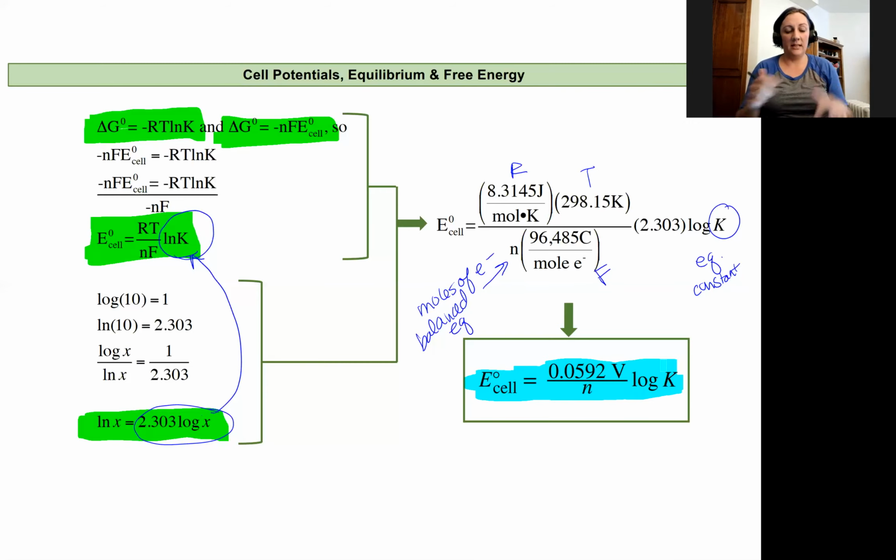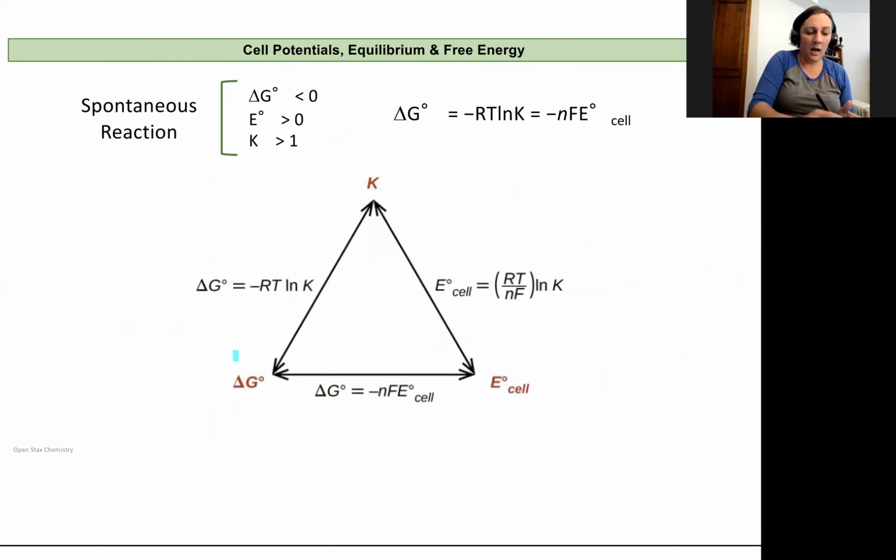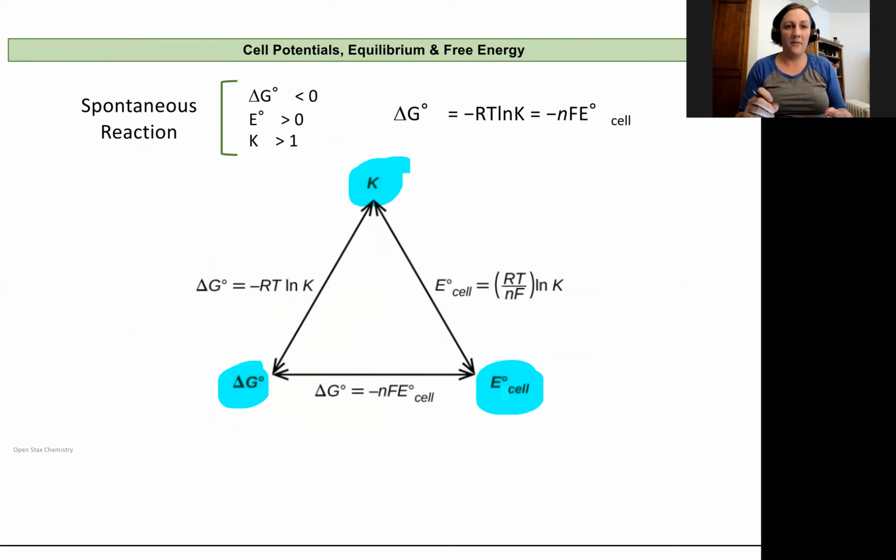So now we can connect, I'll show you right here, our free energy, our cell potential, and our equilibrium constant together. We have a way of converting between all three of these. And all three of these values help us predict spontaneity of a reaction. So we know already that equilibrium constants that are larger than 1 and free energy less than 0 tend to lead to spontaneous reactions.